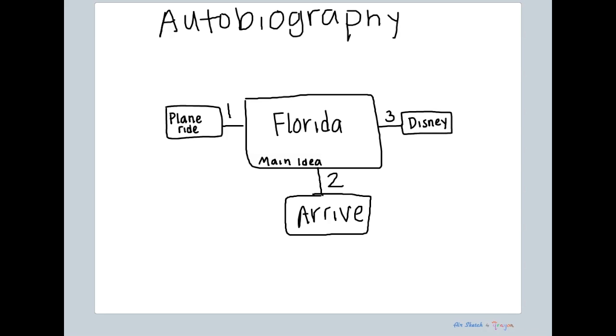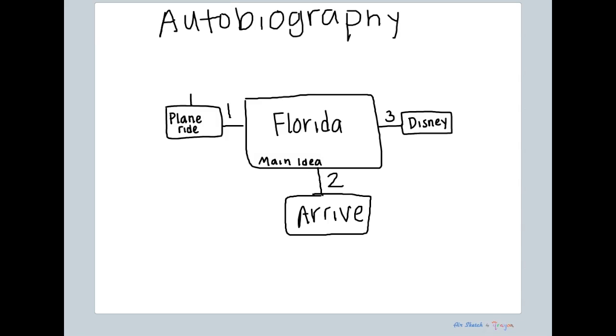So now that you have 3 details, we need to think of supporting ideas that go with each detail. So we're going to focus back on detail number 1 to find our support. So we need to have 3 supporting ideas come off of each detail. So first you draw your stick, and then you want to think about the plane ride.